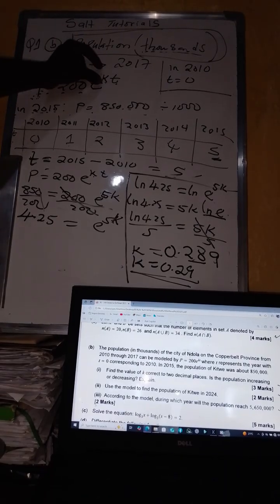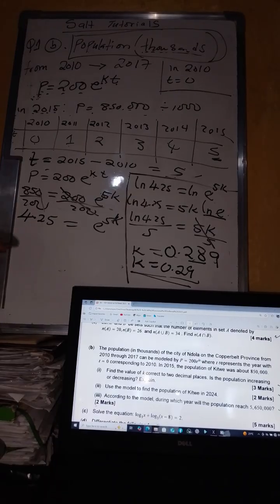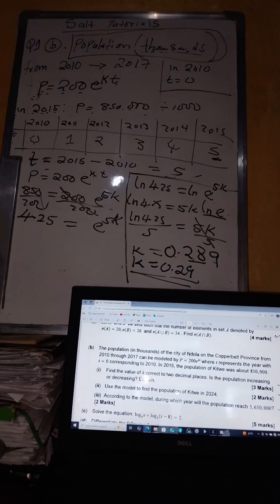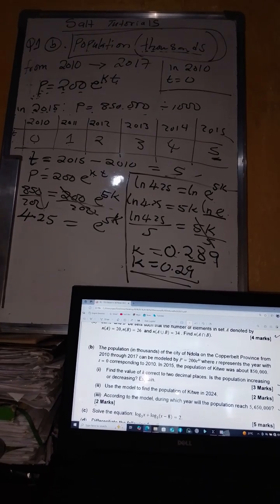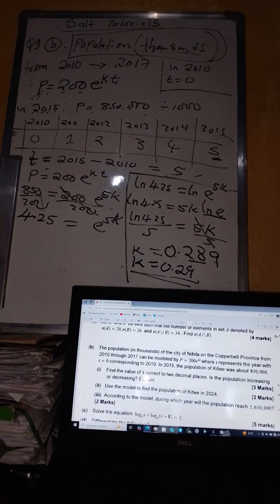But if K is negative, then the population will be decreasing. That's one thing you have to understand. We can also confirm when we find the population, let's say in 2014, that 2014 will have a bigger population compared to 2015 because K there is positive. So that is our B1. The value of K is 0.29 and the population will be increasing.